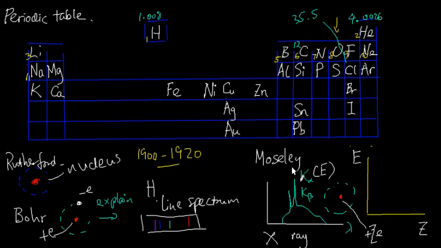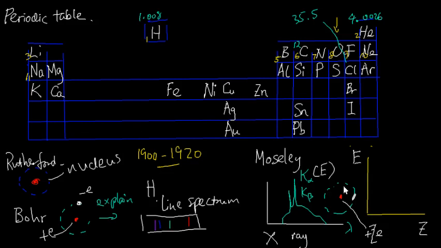So Moseley put the atomic number into the equations Bohr used to calculate the line spectrum for hydrogen, and used the same equation to calculate the peak energies of the characteristic X-ray. What Moseley found was that they agree very well with experiments.